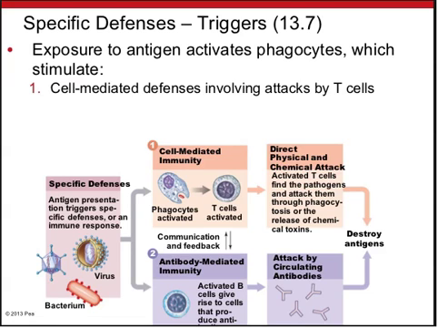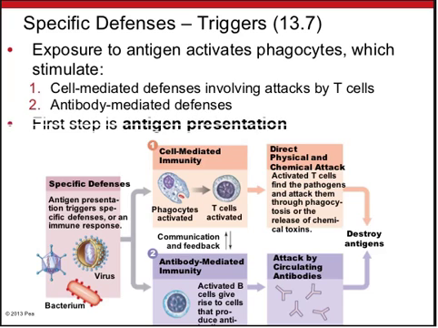It stimulates cell-mediated defenses involving attacks by T cells and antibody-mediated defenses, and that results then in an army of B and T lymphocytes that only respond to that particular antigen, whether it be on an infected cell or on the pathogen itself. So the first step is antigen presentation.